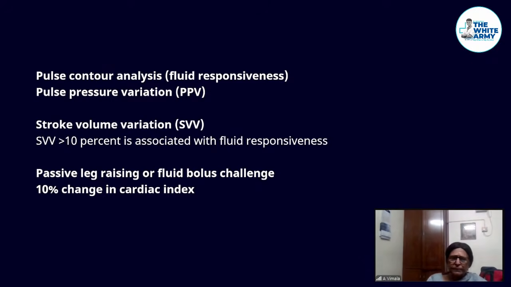Pulse contour analysis we usually don't do. Stroke volume variation can be picked up by the echo. The simple test we can do is a passive leg raising or a fluid bolus. Passive leg raising should produce more than a 10% change in the cardiac index. So if you passively raise the leg and the cardiac index improves by 10%, that means this patient is hypovolemic.